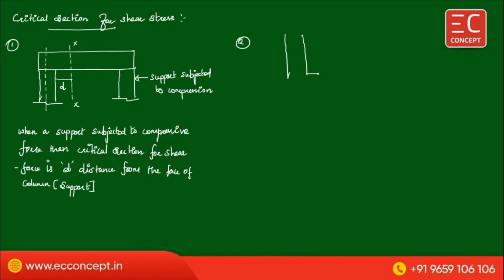For example, there's something like that L beam. There is a L beam, and because of this load, the L beam is now subjected to tension. Instead of subjecting compression, this is subjected to tension. For this case, the critical section was taken as the face of the column. This is the critical section.